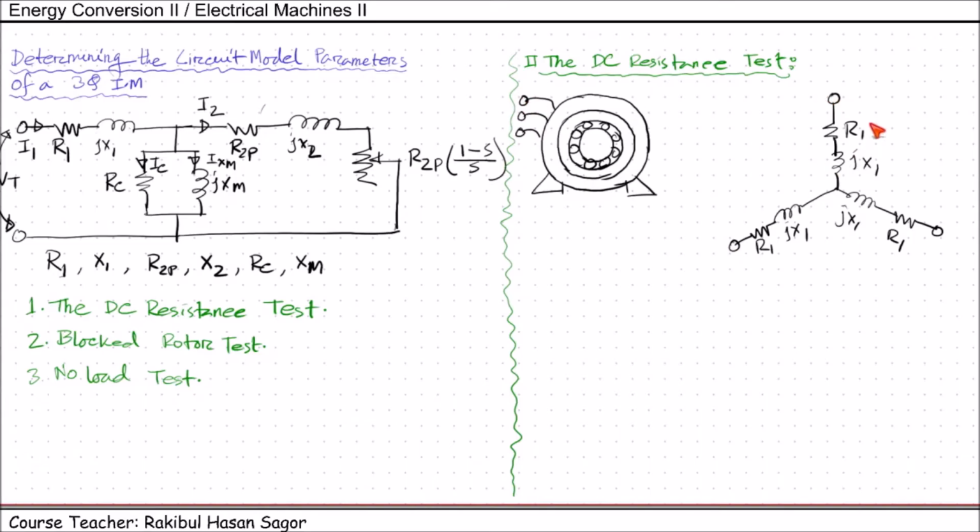Now, how to measure this stator resistance value R1? In order to measure that value, we need to apply a DC source to any two terminals of the induction motor.